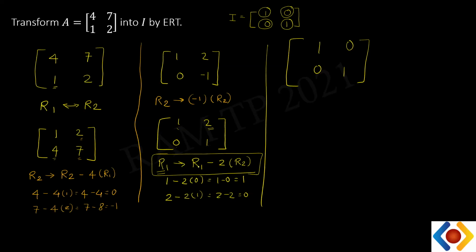The transformation I'm making is subtracting 2 into row 2. So 1 minus 2 times 0 gives me 1 minus 0, 1. And 2 minus 2 times 1, which is 2 minus 2, again 0. And then finally, I got the identity matrix, which I'm looking for. Fine? Yes, sir. No, that's it. Okay. Thank you.